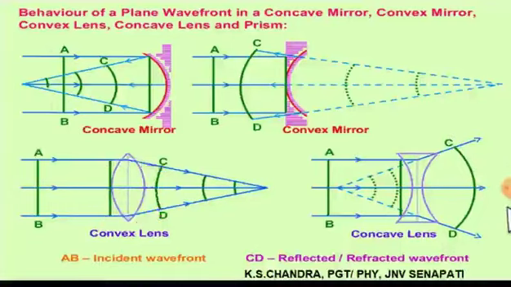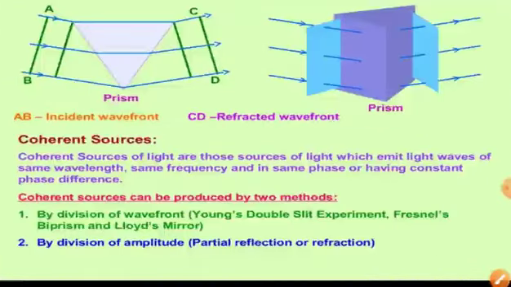Got it? Now that is also the same in the case of light refraction through a prism. If the incident wavefront is a plane one, let's take rays 1, 2 and 3.